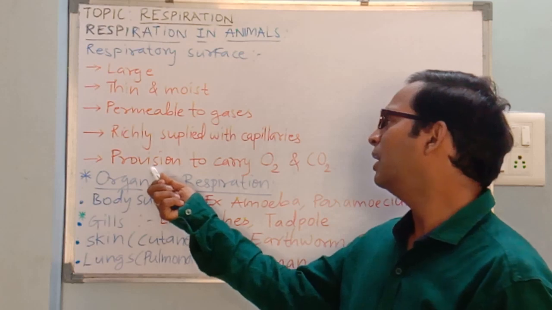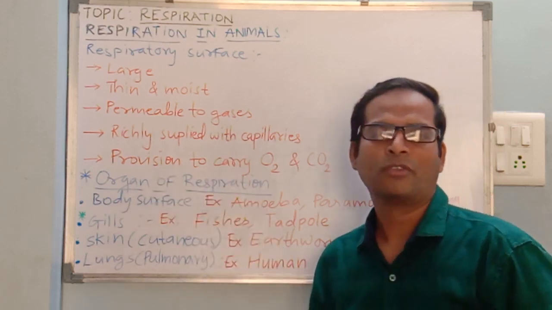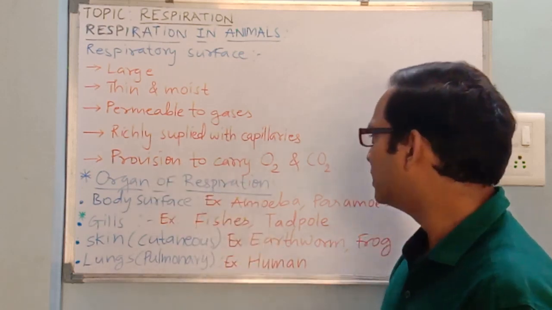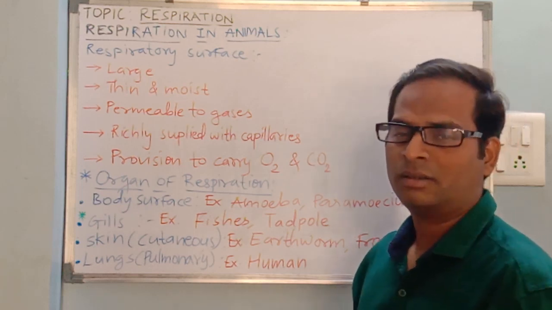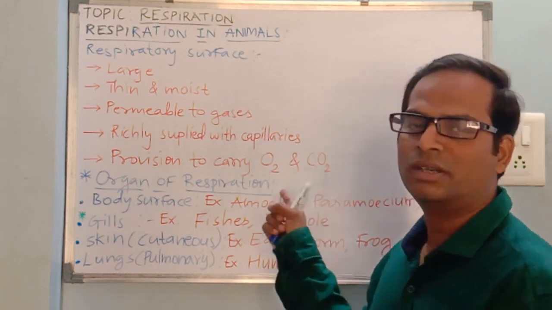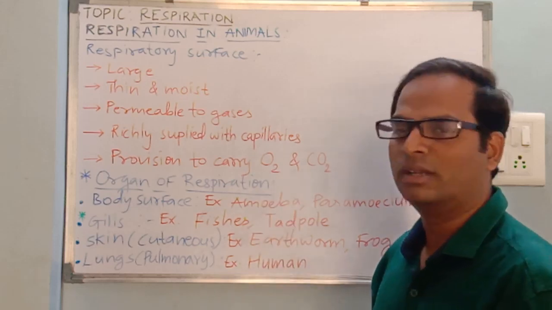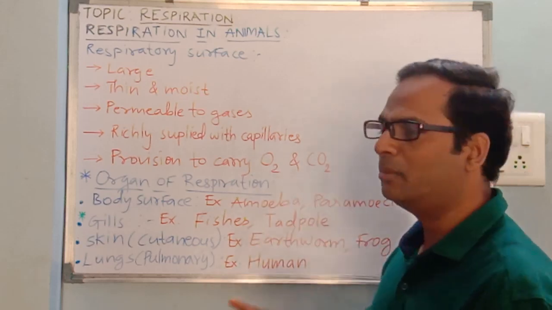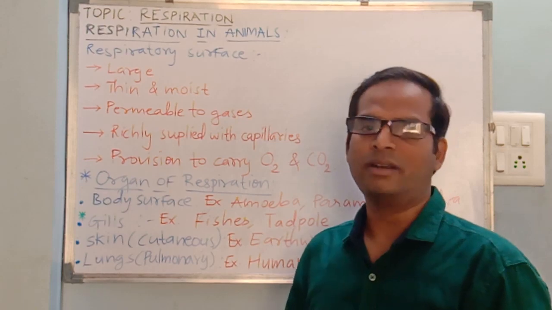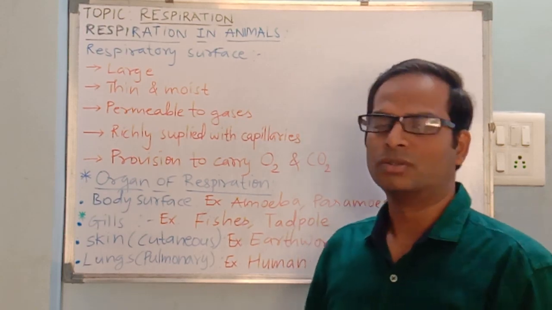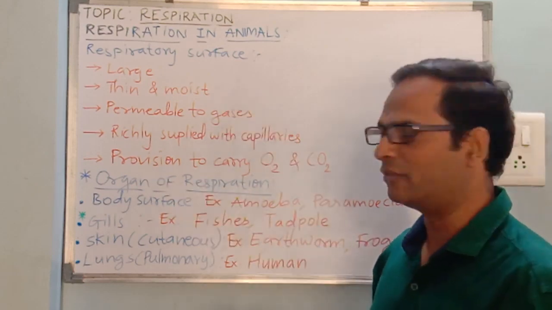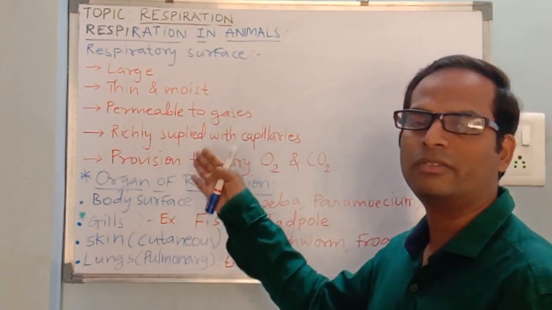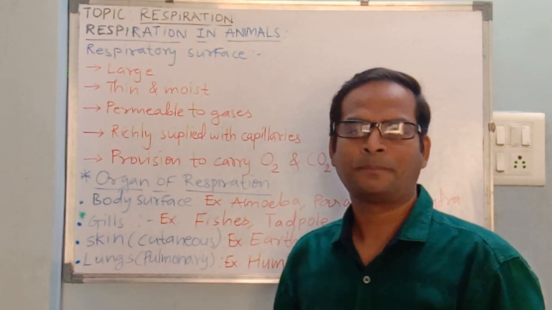And the last characteristic feature is that there should be a provision or arrangement so that oxygen will reach the respiratory organ and carbon dioxide will be sent away from it. So these are the 5 characteristic features of any respiratory surface.